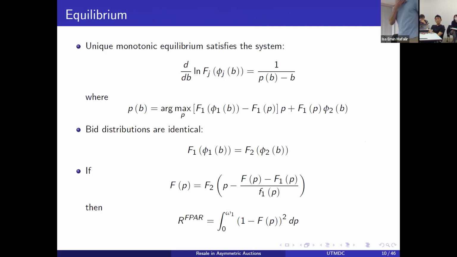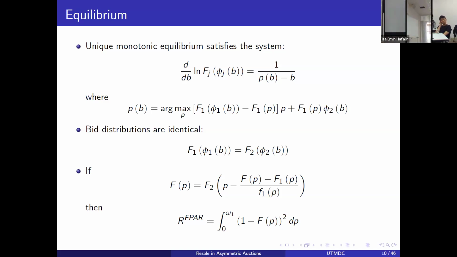All right. So this is going to be our result. I'm going to give more details, but let me first tell you what the equilibrium will look like, and I will go over how we get there in the next few slides. Our result is that there is a unique monotone equilibrium that satisfies this.